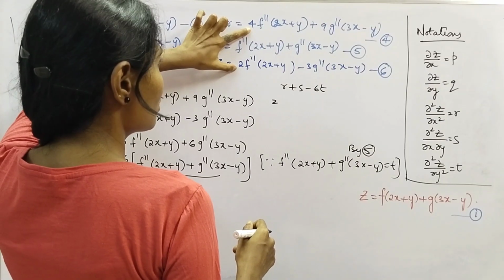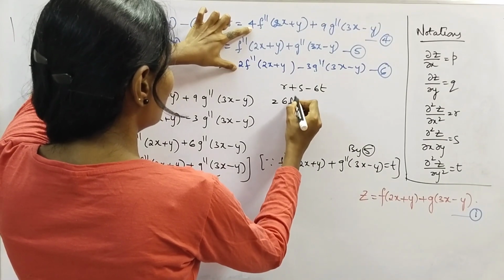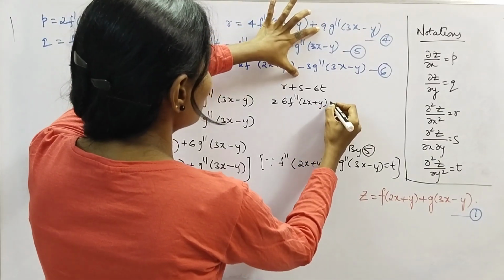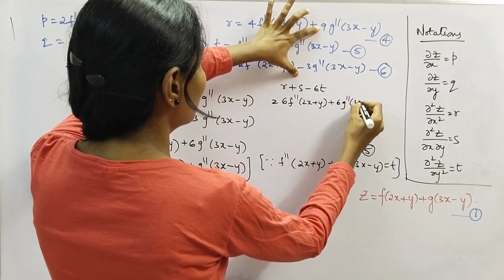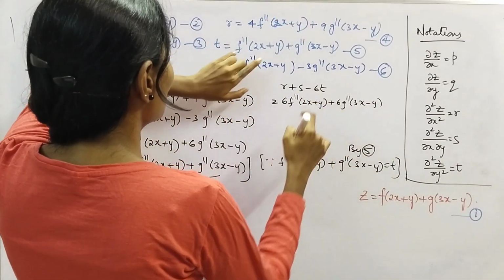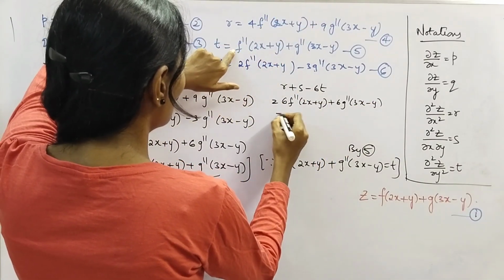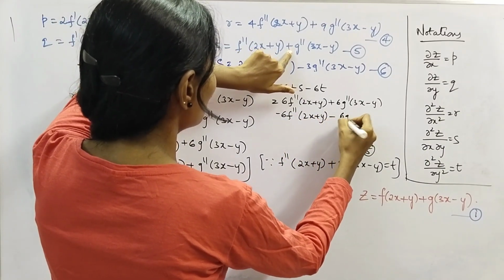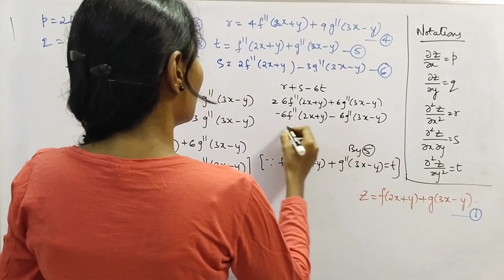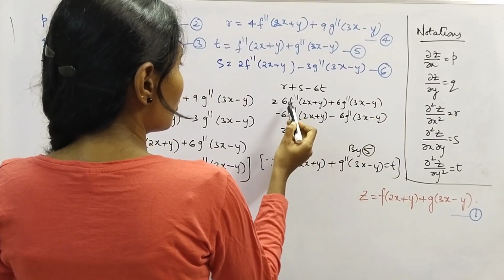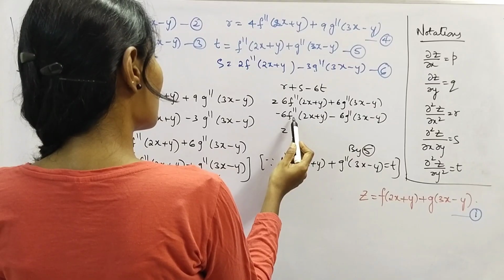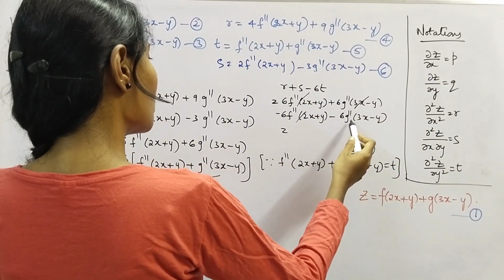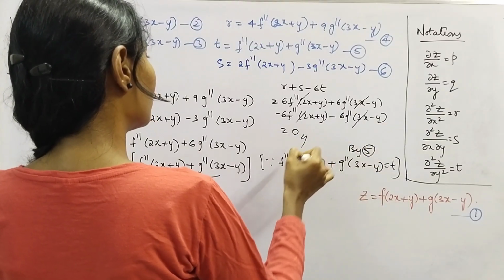4 plus 2 is 6, right? 6 f'' of 2x plus y. 9 minus 3 is 6. Minus 6t, 6 times t, minus 6 f'' minus 6 g''. This gives 6 f'' minus 6 f'' gets cancelled, plus 6 g'' and minus 6 g'' gets cancelled, and finally you'll get 0.